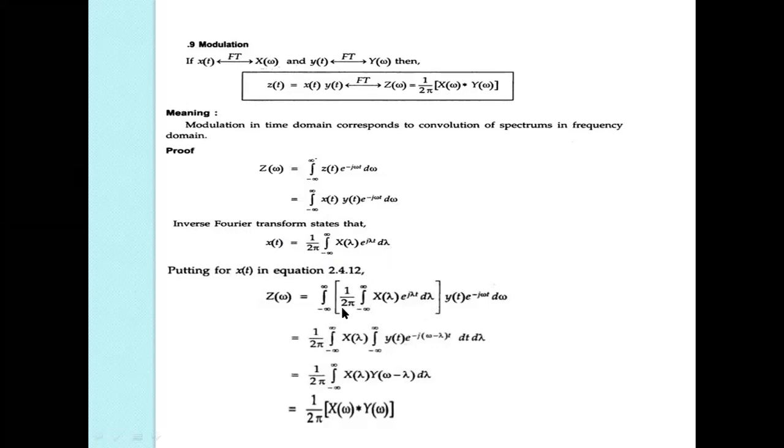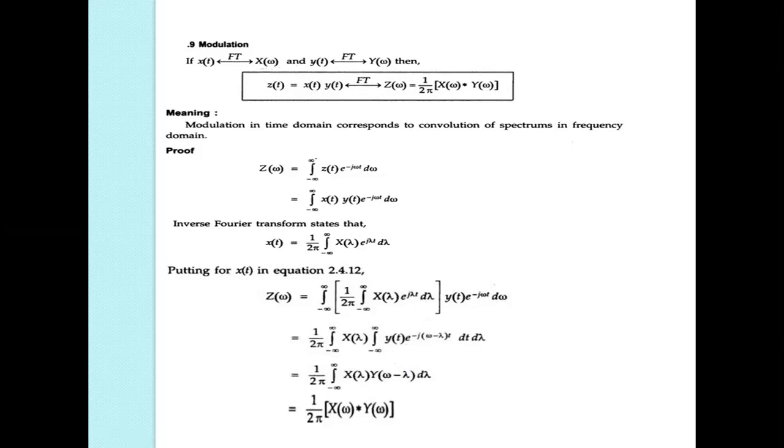Substitute here and rewrite the expression, separating the tau and t terms: the integral from minus infinity to infinity of y of t e power minus j omega minus lambda into t dt. The frequency shift property says this is y of omega minus lambda. And this is the convolution equation, 1 by 2 pi x of omega convolved with y of omega. This is the ninth property of the Fourier transformation, the modulation property.